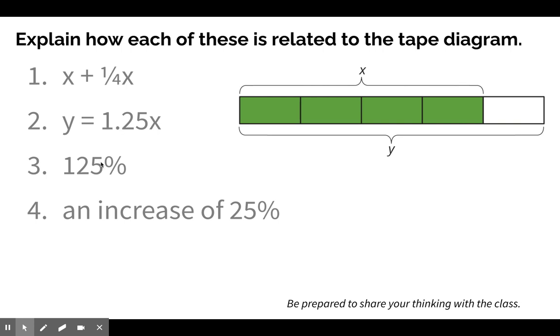If we notice 125%, well, this could represent the total increase. And number 4, where it says an increase of 25%, that means that x might be my original, and I'm increasing it by 25% to get to y. So those are just some of my thoughts.